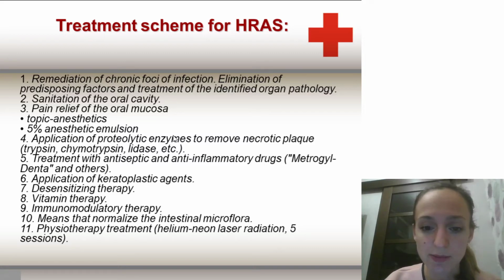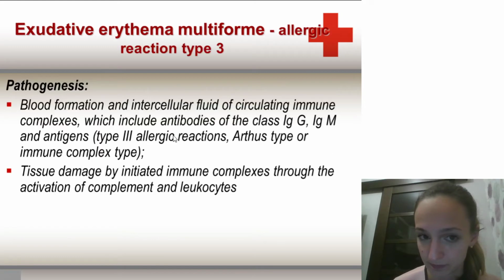Treatment with antiseptics and anti-inflammatory medication, application of keratoplastic agents, then desensitizing therapy, vitamin therapy, immunomodulatory therapy, and means that normalize the intestinal microflora, and physiotherapy treatment, for example, helium-neon laser radiation.